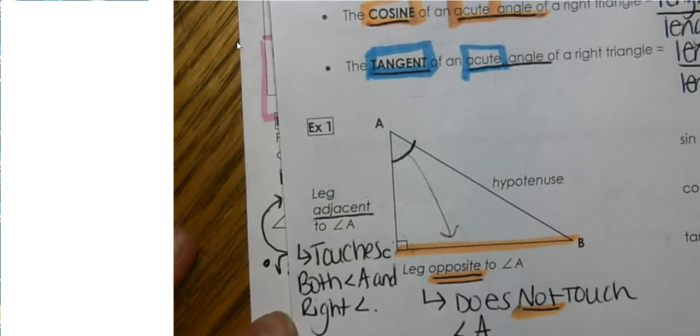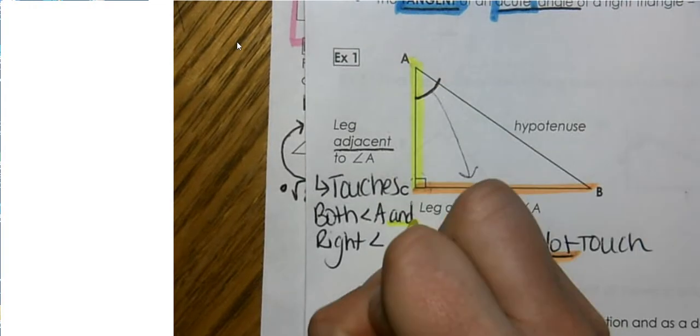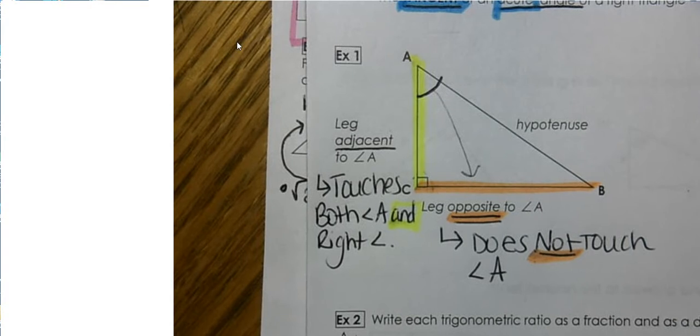So it touches both angles. It's also going to be a leg, so it's different than the hypotenuse. It's going to be its own leg, its own side. That's going to touch angle A as well as the right angle. So it touches both your angle of focus and the right angle.